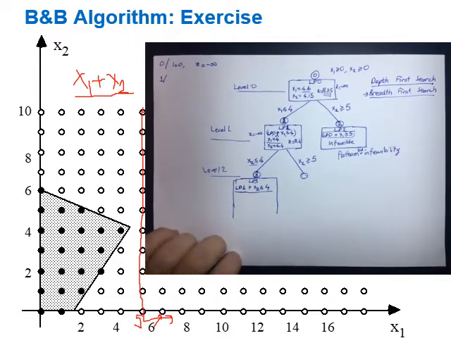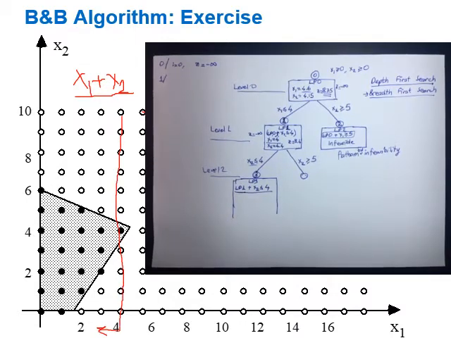Let's go back to our region, and remember we already have the constraint x1 less than or equal to 4. We already added it, and then we also add the constraint x2 less than or equal to 4.